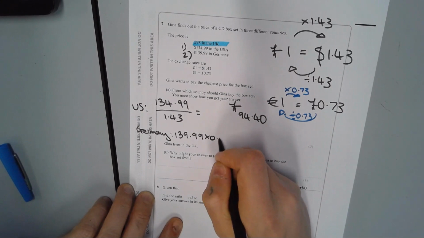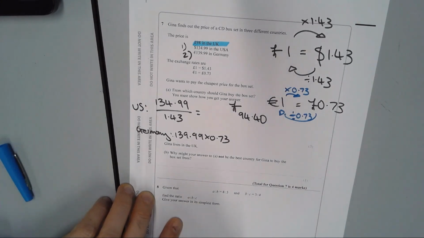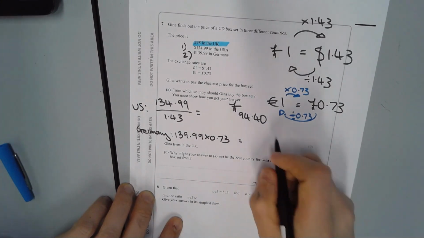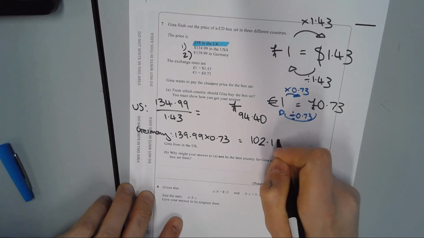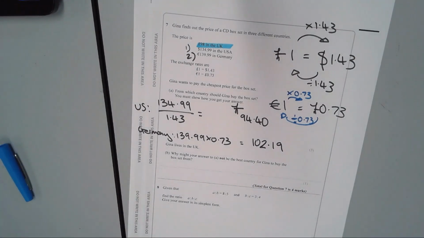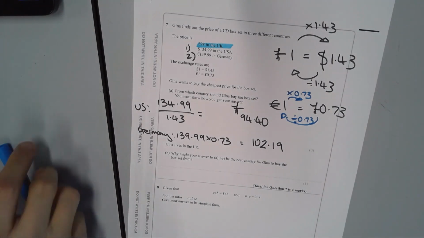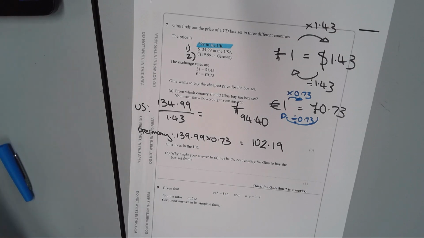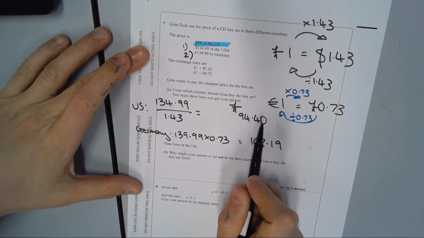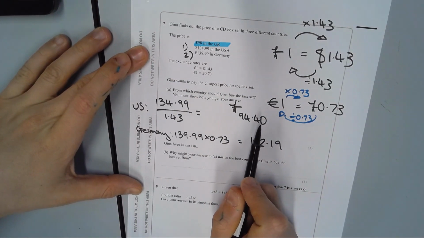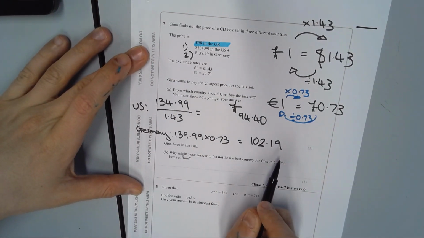And to 2 decimal places, that gives us 102.19, so that's £102.19. So what this is saying is it's £98 in the UK, it's £94.40 in the US, and it's £102.19 in Germany.